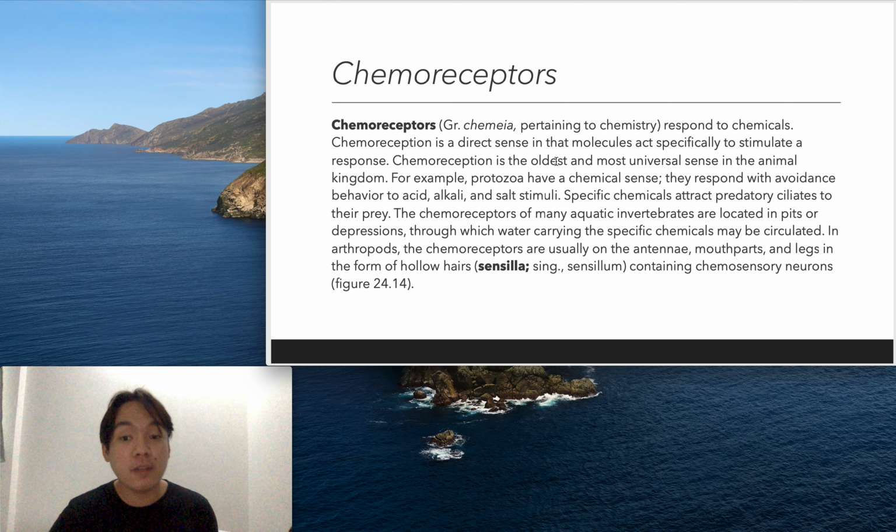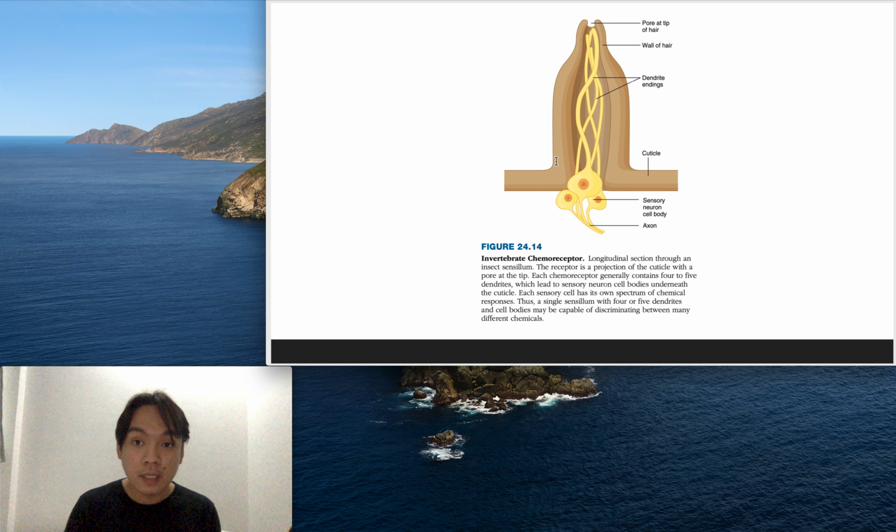Chemoreceptors are found in the antennae, mouth parts, and legs, forming hollow hairs containing chemosensory neurons or cilia. This is an example of an invertebrate chemoreceptor in its cuticle, with dendrite endings, a wall of the hair, and a pore at the tip of the hair.